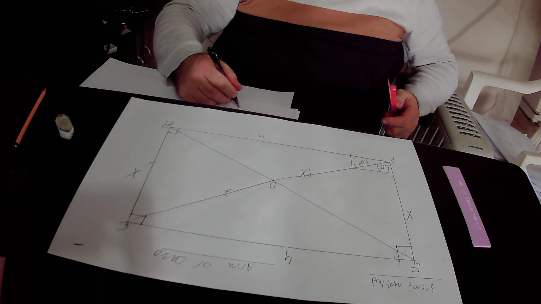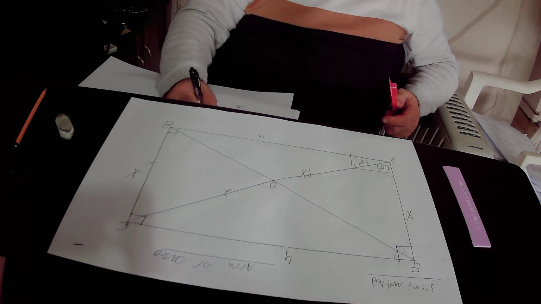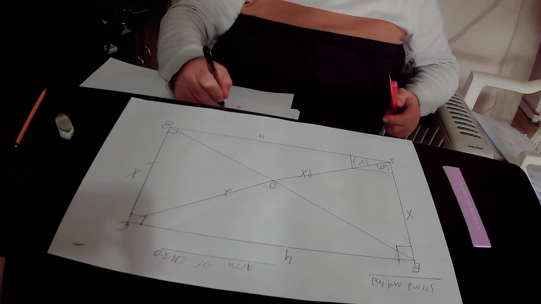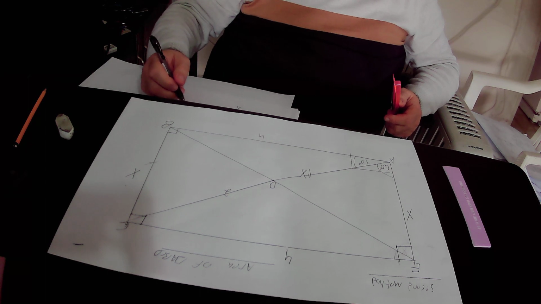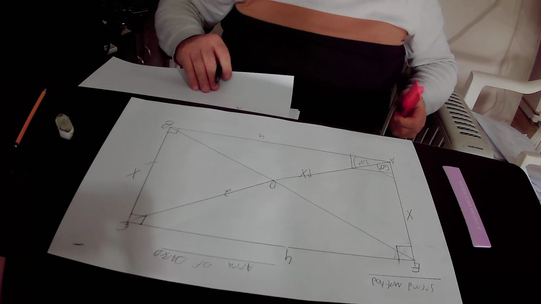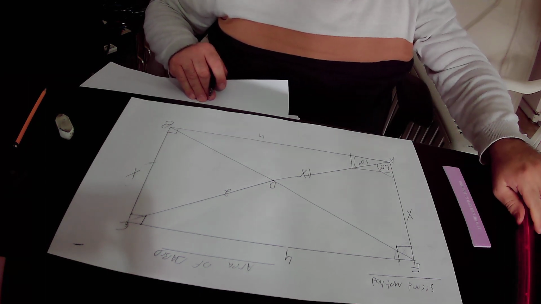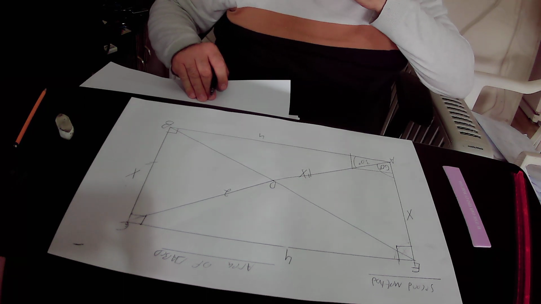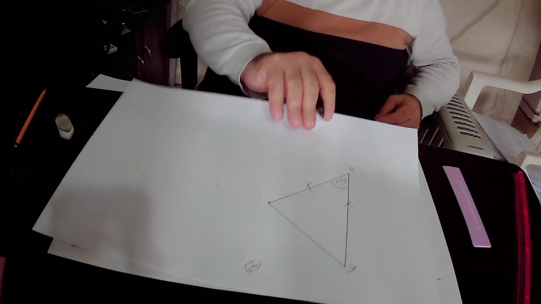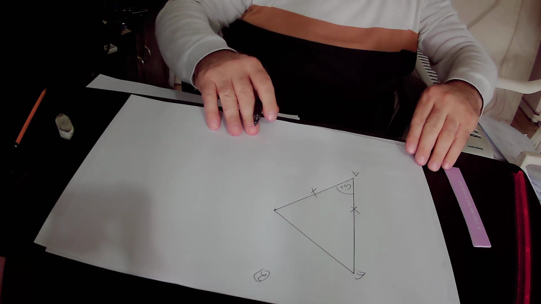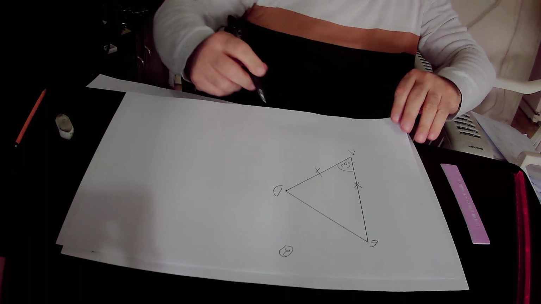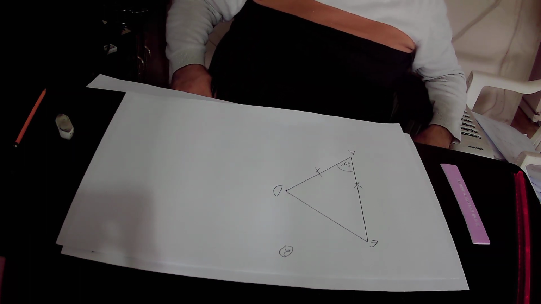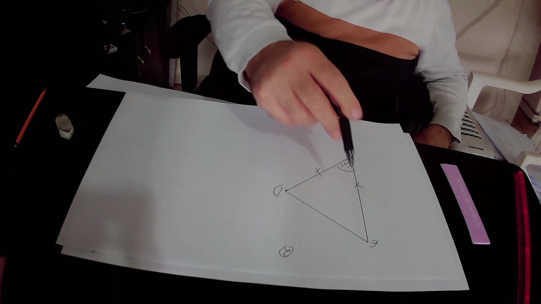Triangle AED has two equal sides, that is to say AE equals AD.